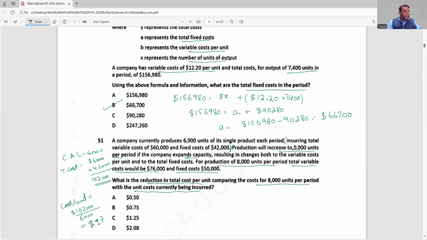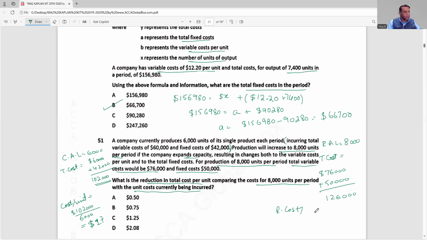Further, he is saying that activity level has increased. Revised activity level is 8,000. Total cost is equal to 76,000 plus 50,000, 126,000.